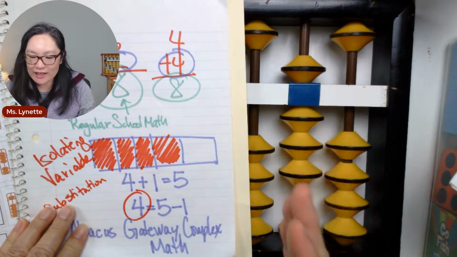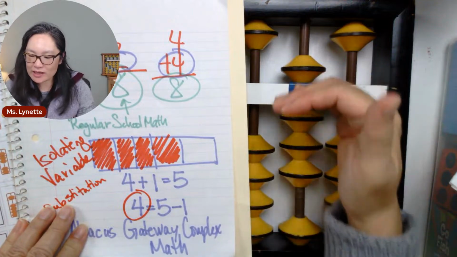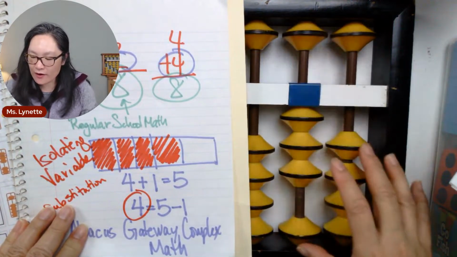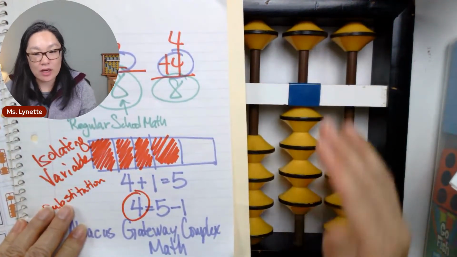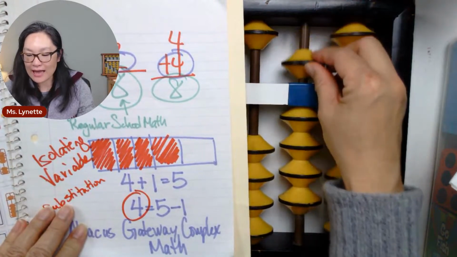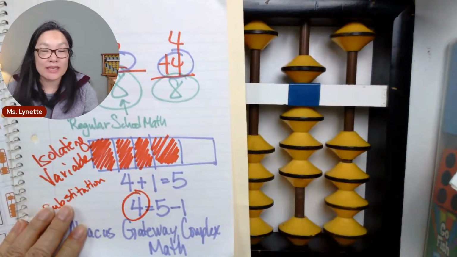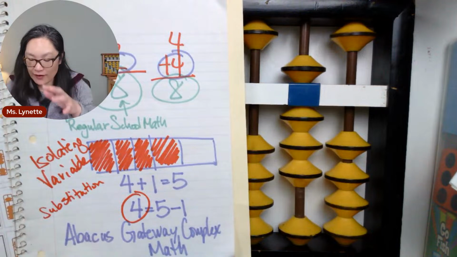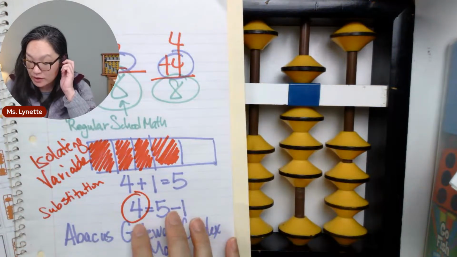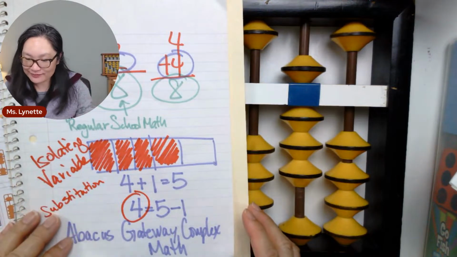So it also provides creativity, because the question is, are there enough beads? No, there's not enough beads. We're going to take it one step further and we're going to add this 5, but we need to take away the 1 because it's too many beads. The value is too much. So what we just did is we just isolated the variable.